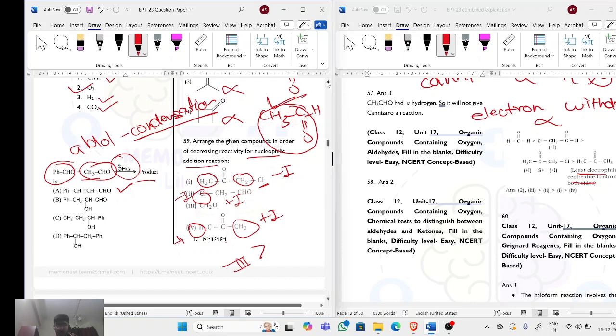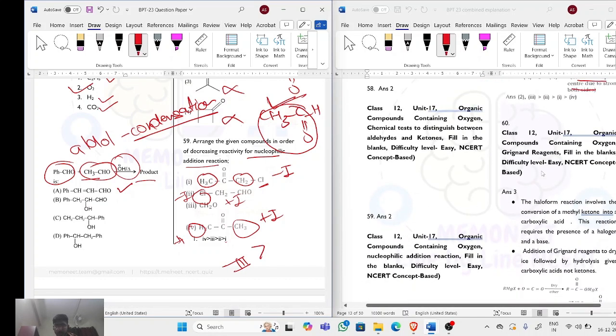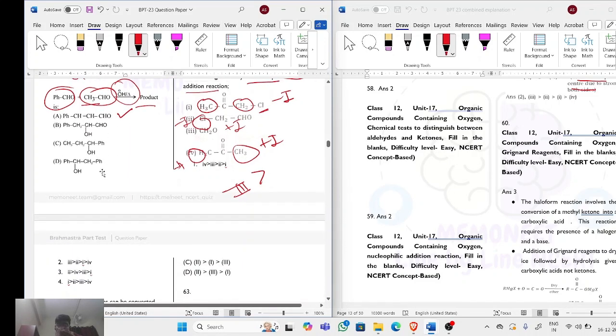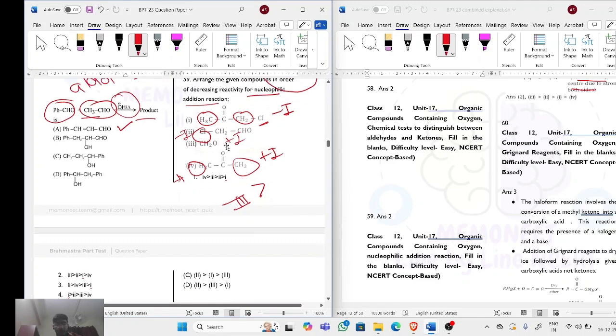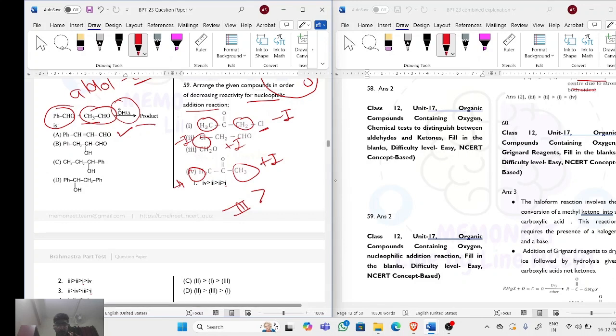Then we will have option number 2, then option number 1, and then option number 4, because here the 2 plus I effect is there.